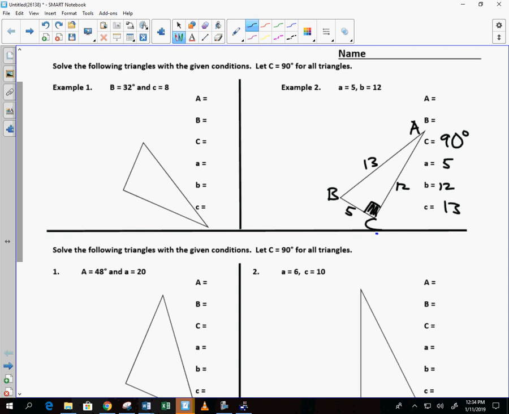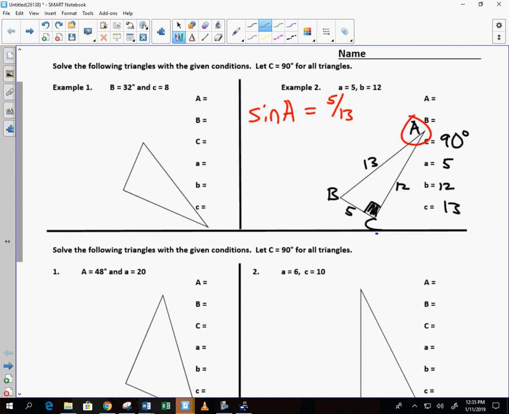Emma, what do you want, A or B? Emma wants to do angle A. Great. Ashley, do you want to use sine, cosine, or tangent? It's up to you. Flavor of the day. Sine. So she said sine of angle A is equal to, and now she just picks the two sides that correspond to opposite and hypotenuse, which is 5 over 13.